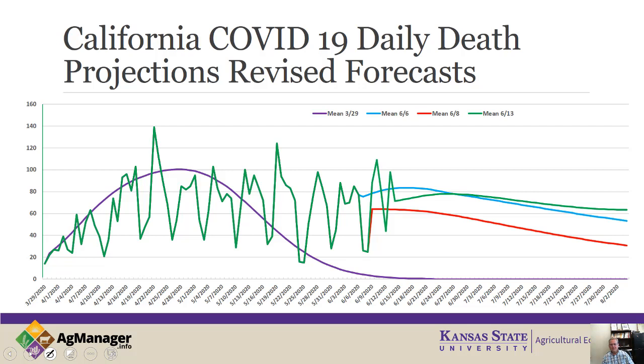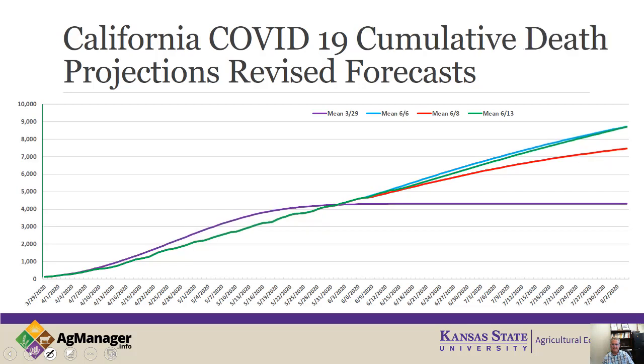California, in terms of looking at this, again, from last week, the expectation is a little higher by the first part of August. Originally, it was projecting less than 60 1 week ago. Now it's estimating more than 60 deaths per day.